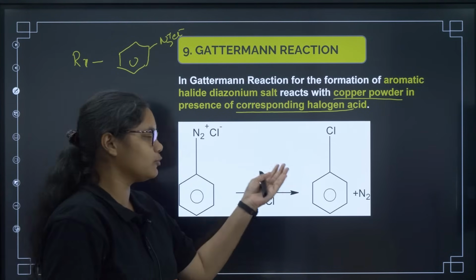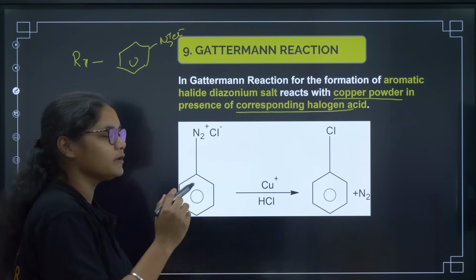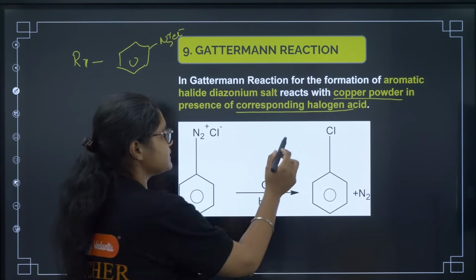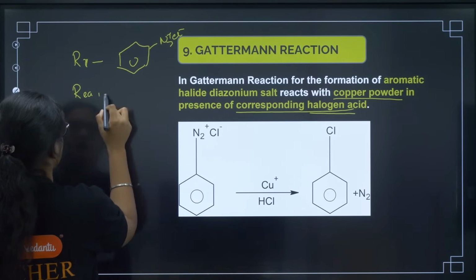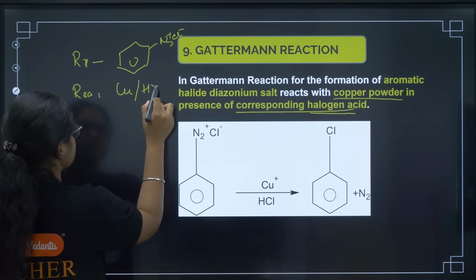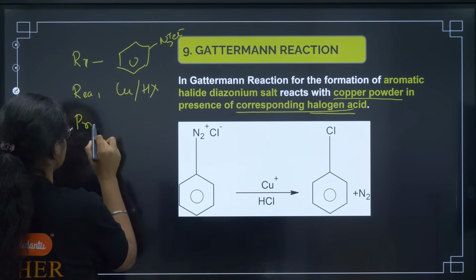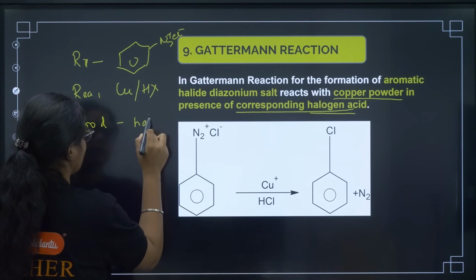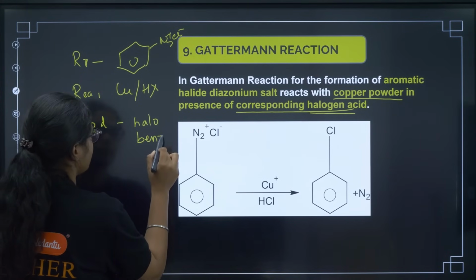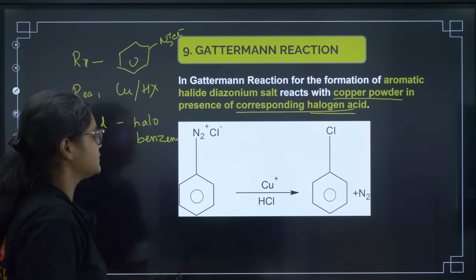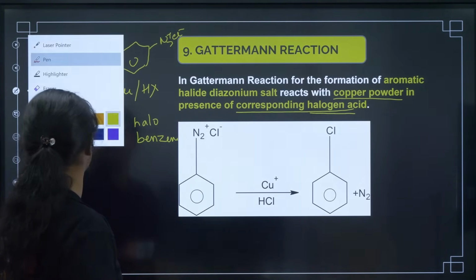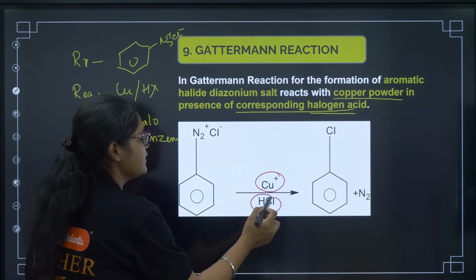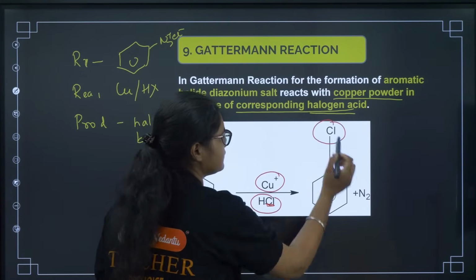If you want to prepare bromobenzene, then copper with HBr. That is why you have to take the corresponding halogen acid. So reagent, you can just write copper with HX. And then product is haloarenes, or you can also write halobenzenes. You can see here this is benzene diazonium chloride, N2 plus and Cl minus. Then we have copper plus HCl. So this N2 will be replaced with Cl.